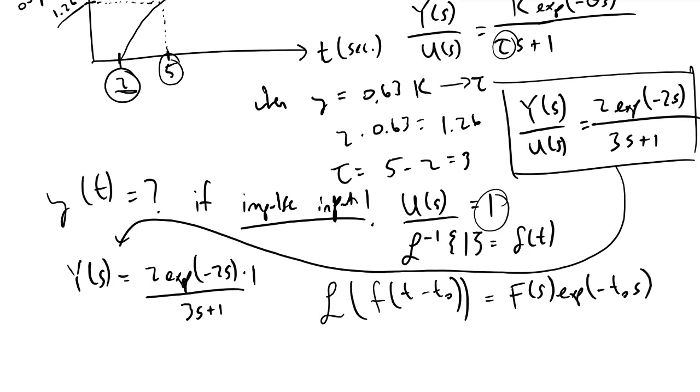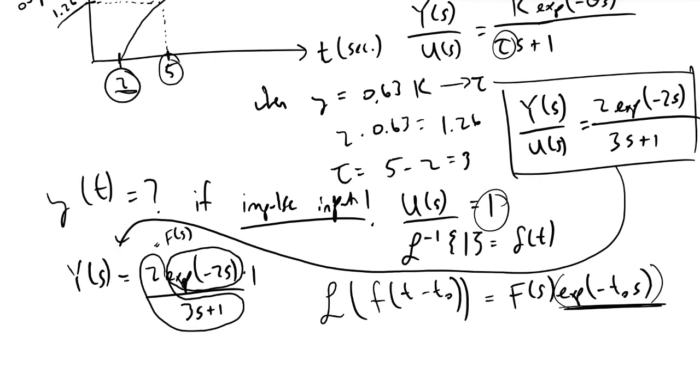And so what we should recognize here is that this exponent minus t naught s corresponds to this portion here, exponent minus 2s, and this 2 over 3s plus 1 is equal to our f of s.